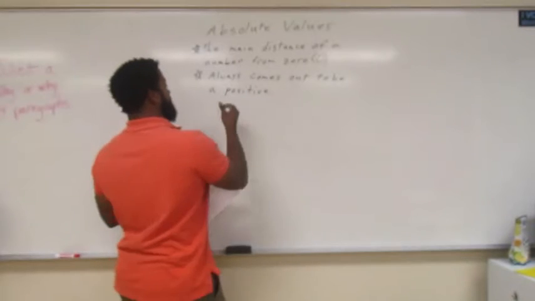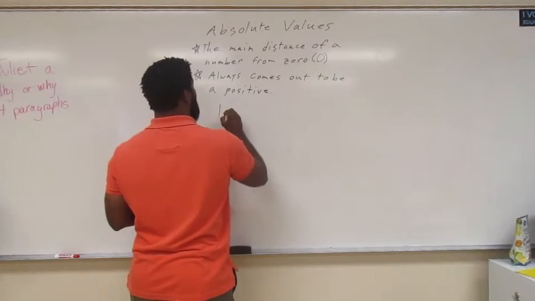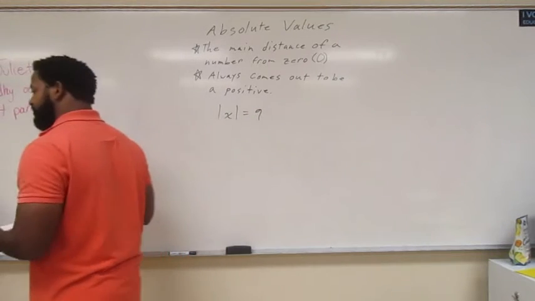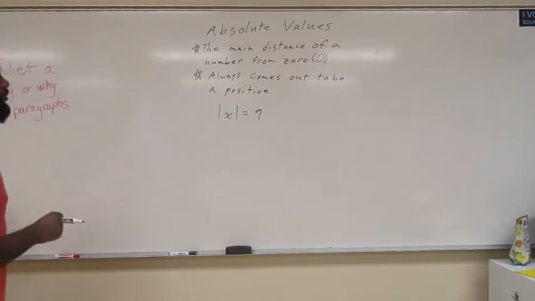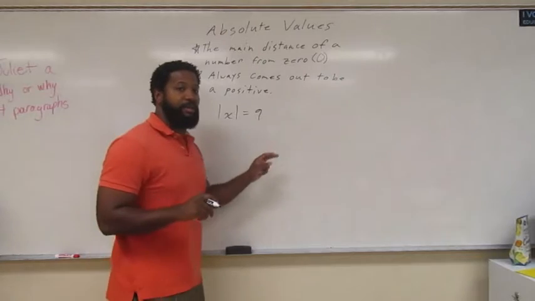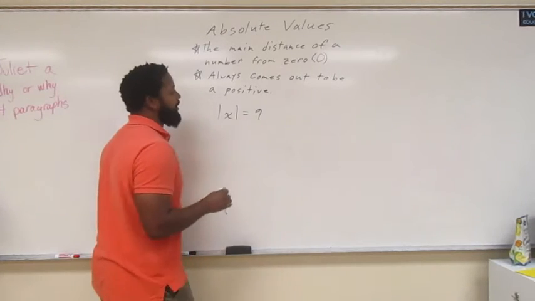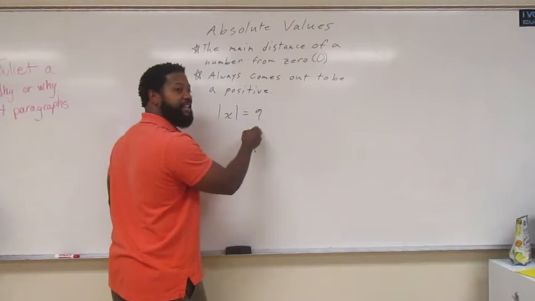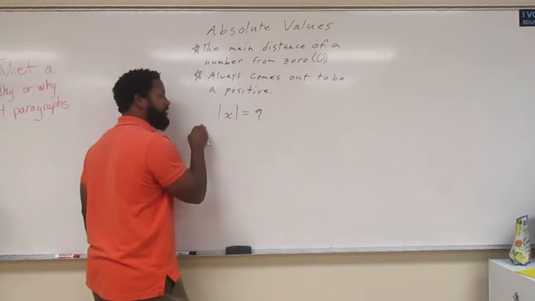Look at this. Absolute value of x is equal to 9. An easy way to do this is to take the number over here and take the opposite and put it onto the other side.